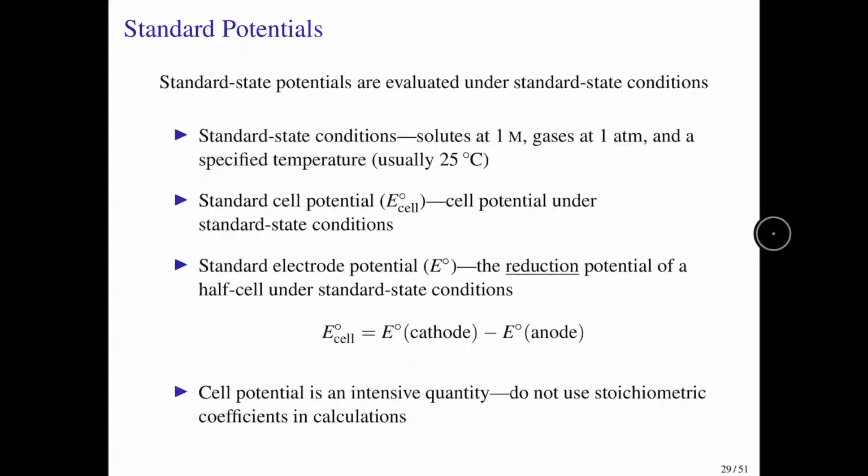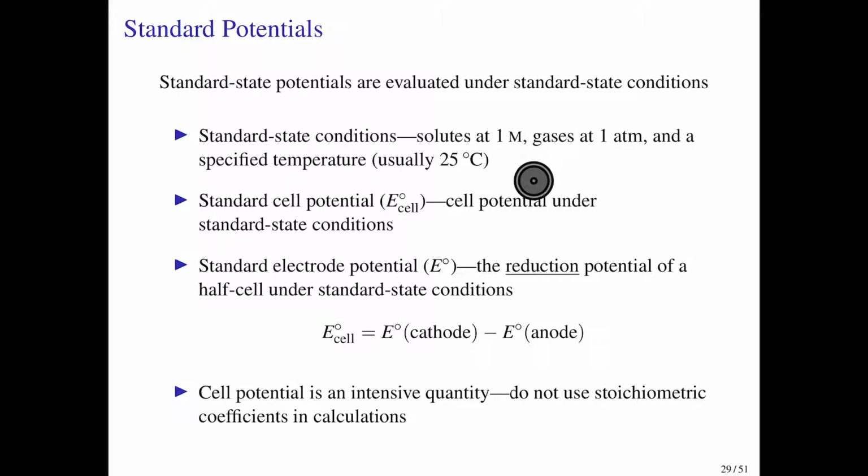These cell potentials depend upon the experimental conditions of the redox reaction. And so we have what are called standard state potentials that are evaluated for a specific set of conditions, and then these standard state potentials are tabulated in various tables.